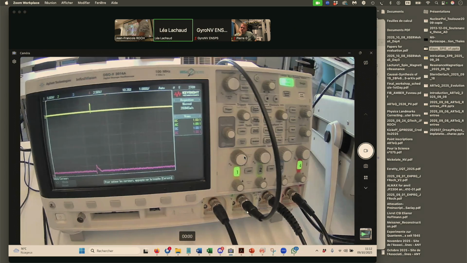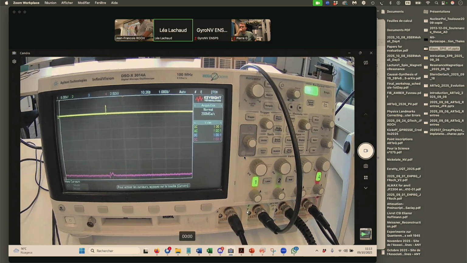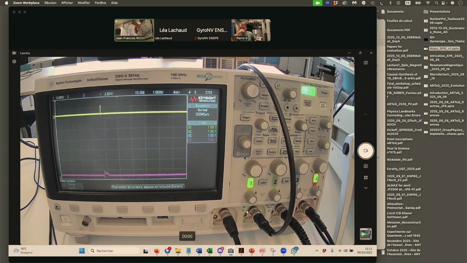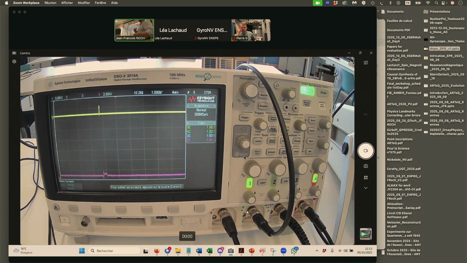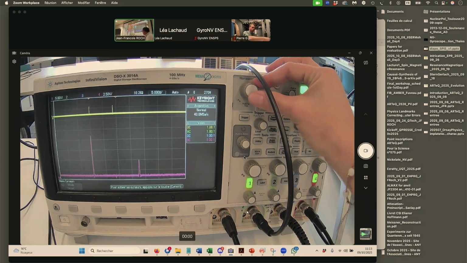So probably slightly changing the frequency could allow me to cancel the pulse a bit better. But also the microwave excitation, or the radio frequency, has a lot of power, so maybe it heats up the coil and the full system, and it changes a little bit. Everything is temperature dependent.